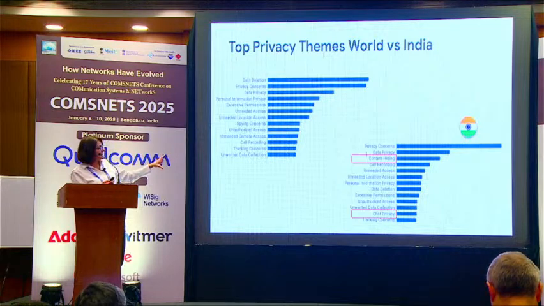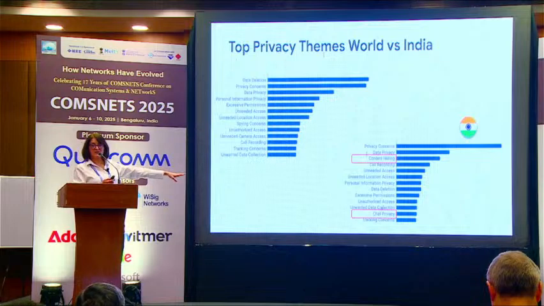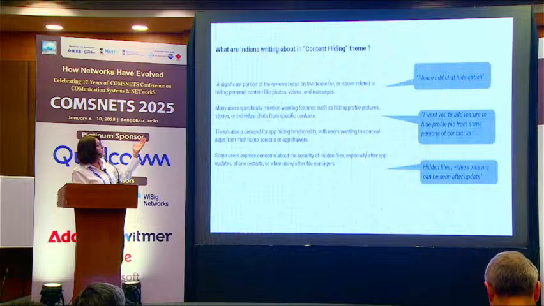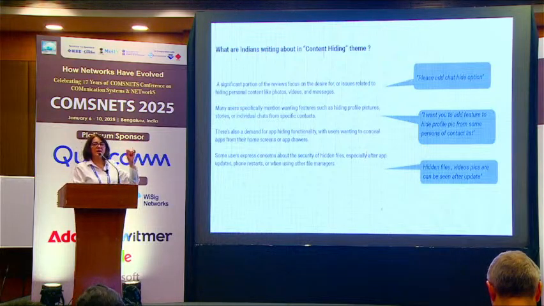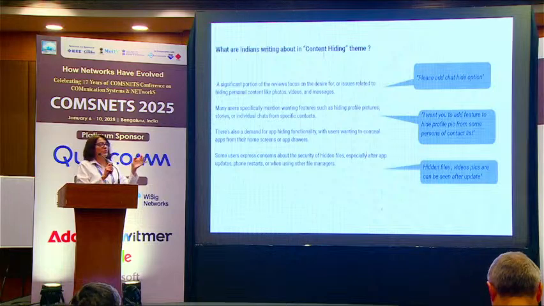There are a couple things that are different. India had content hiding as number 3. That's not even on the list over here for the rest of the world. And chat privacy, I guess, is something that's valued. So just to show you one example, what is content hiding really talking about? Here, people are really wanting specific controls on their photos and videos and messages, and sort of hiding things or controlling that.